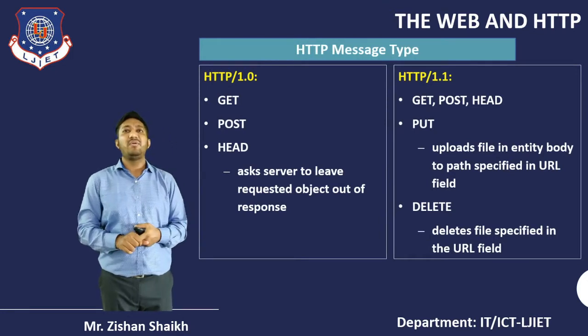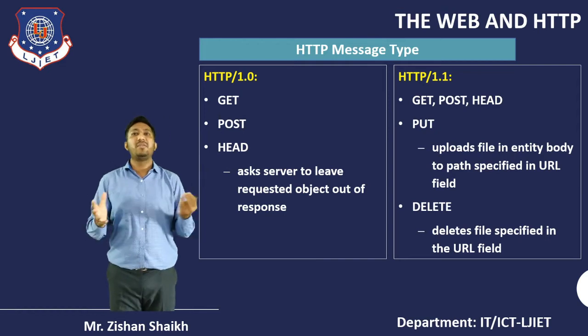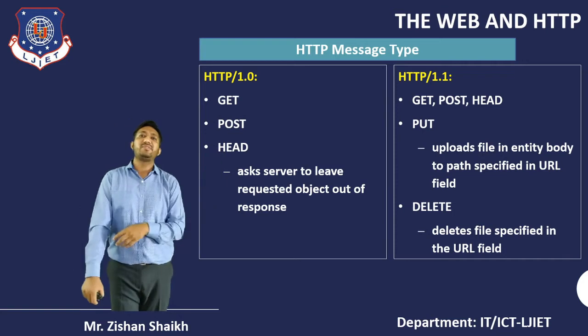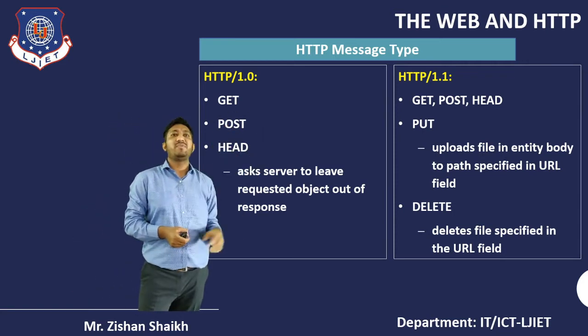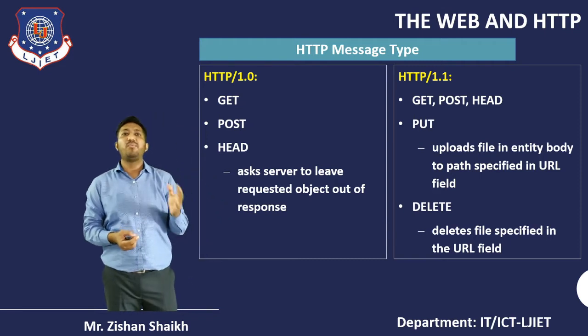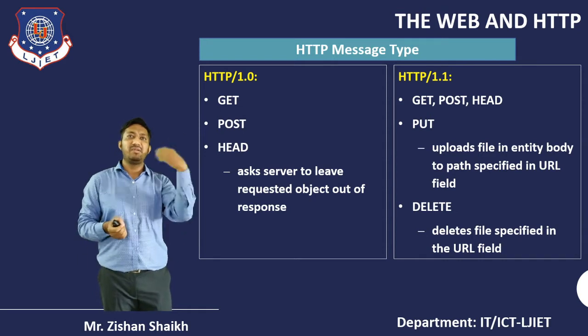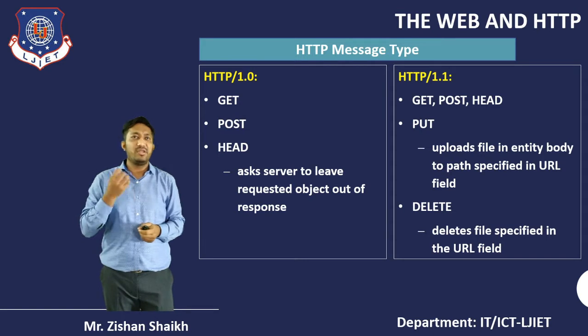I already said that GET is a type of message. So which other methods are used by HTTP? Up to HTTP 1.0 we use the GET, POST and HEAD methods, whereas HTTP 1.1 uses GET, POST, HEAD, PUT, DELETE, a number of message types. When we are requesting, we use GET. When we are submitting data, we use the POST method.